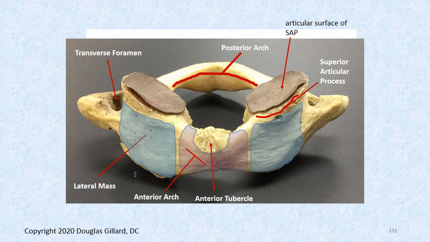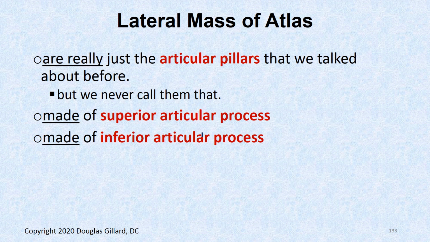Just the pieces again. There's the posterior arch, superior articular process, facet of superior articular process. Well, we're not going to call this the articular pillar, but technically it is. But we're going to call it the lateral mass, anterior tubercle. You pretty much know the deal there. We said this, lateral masses are just really articular pillars, but we never call them that.